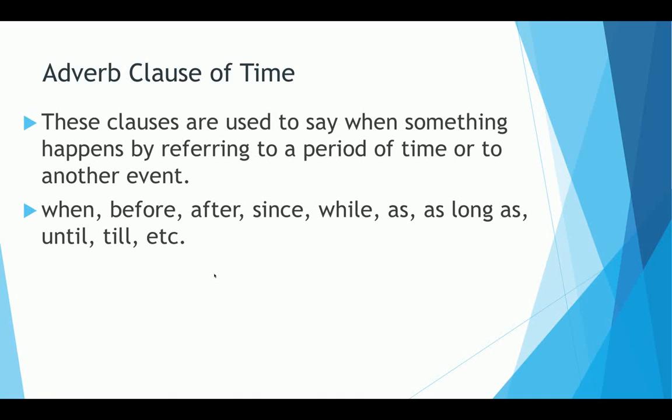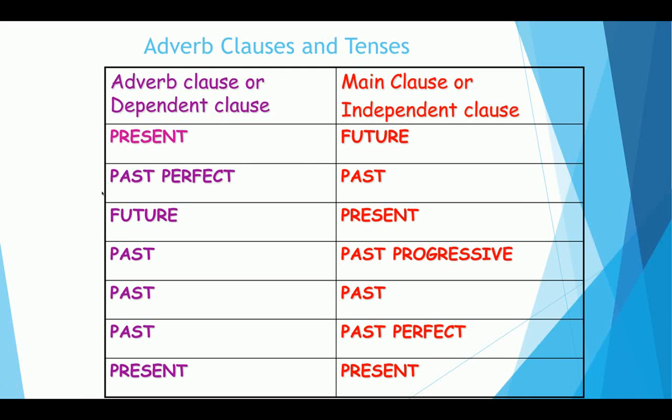These clauses are used to say when something happens by referring to a period of time or to another event. These are the words that could start an adverb clause of time. We need to be careful when we teach adverb clauses because they are bound to tenses. So if you have an adverb clause or a dependent clause in the present, your main clause or independent clause should be in the future.